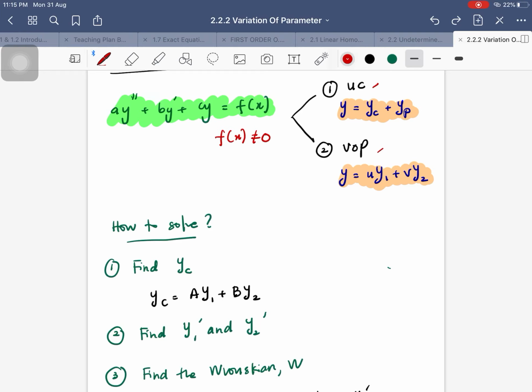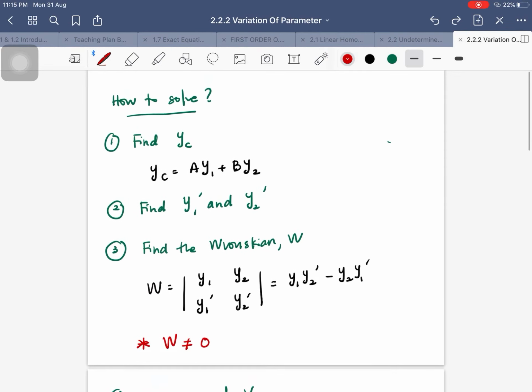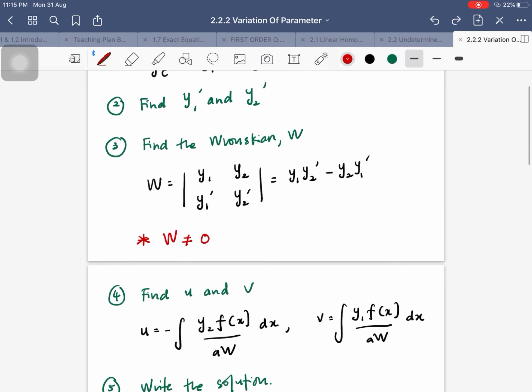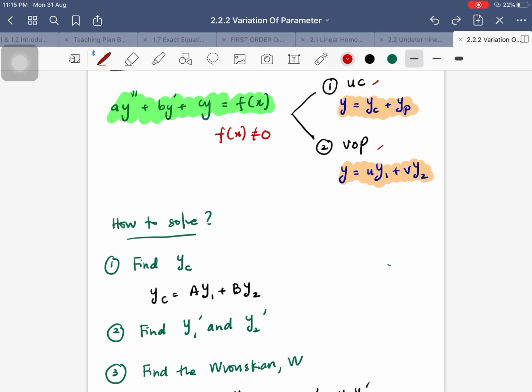Because if you calculate yc wrongly, automatically the whole calculation is going to be wrong. Your calculation starts with y1 and y2, and you're going to use them all the way until step number 4. All the steps require you to use y1 and y2, and those come from the yc. So please make sure that your yc is correct, and be very careful when you do your calculation.